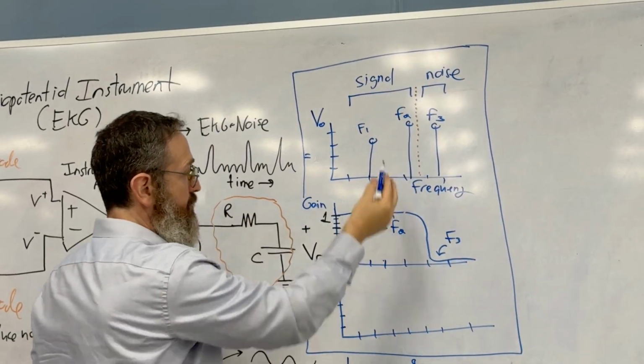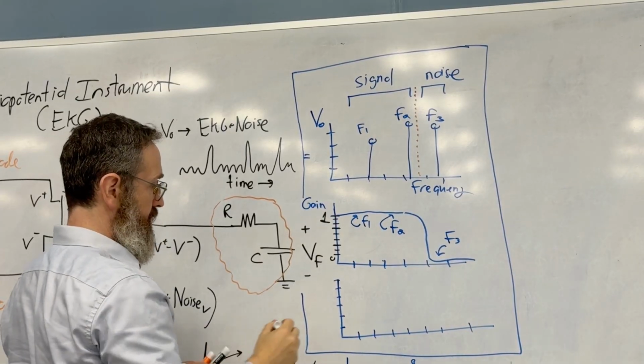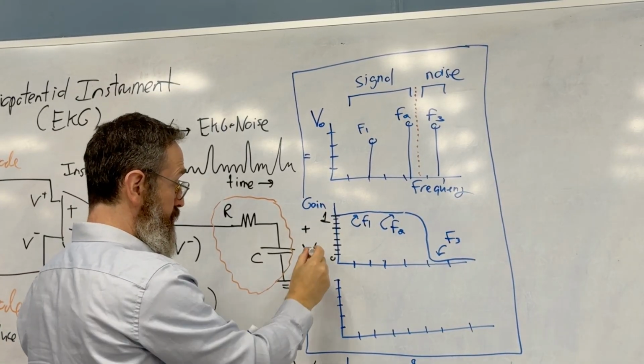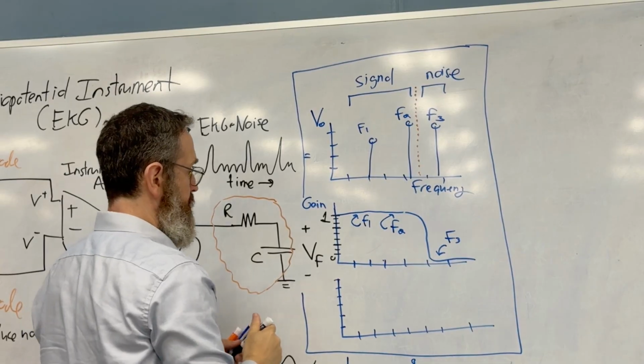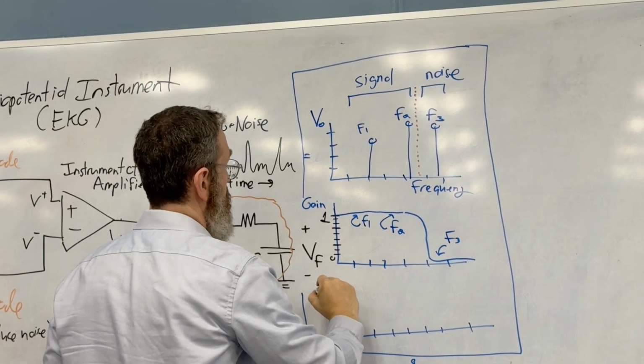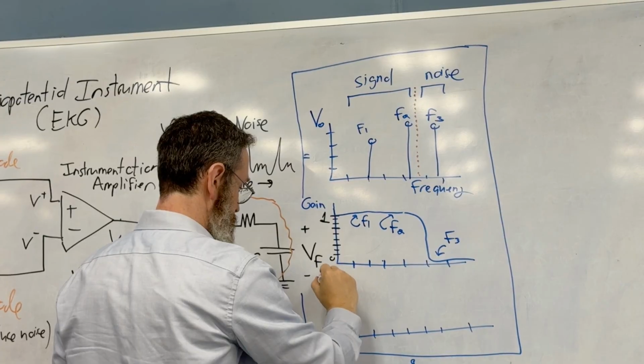If we pass this through to the output stage, what is the output? Well, the output is actually VF. All right, I can write that here. This is now VF.